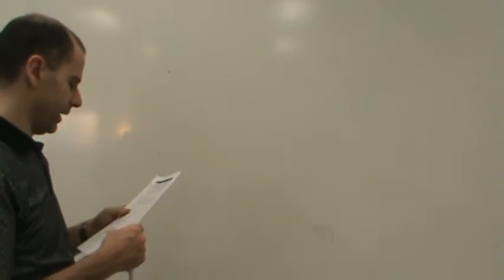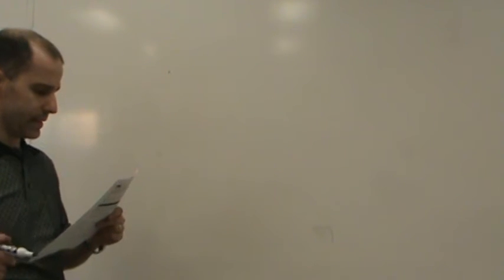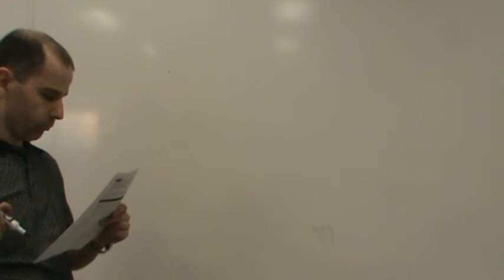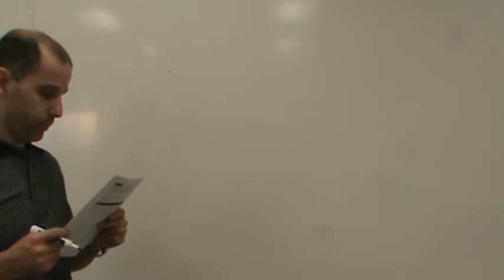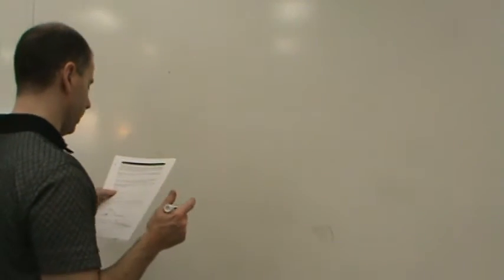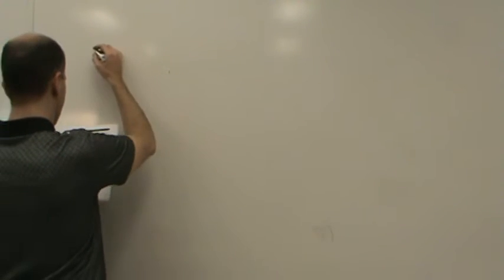So that's what we're going to test. We're going to test the claim, based on the sample data, that the actual standard deviation for waiting times is less than 7.2 minutes. Here's the information, and I'm going to write it over here.